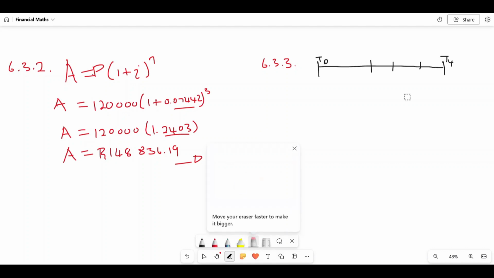So we have T1, T2, T3. So somewhere in between here, let me use a different color, yellow.